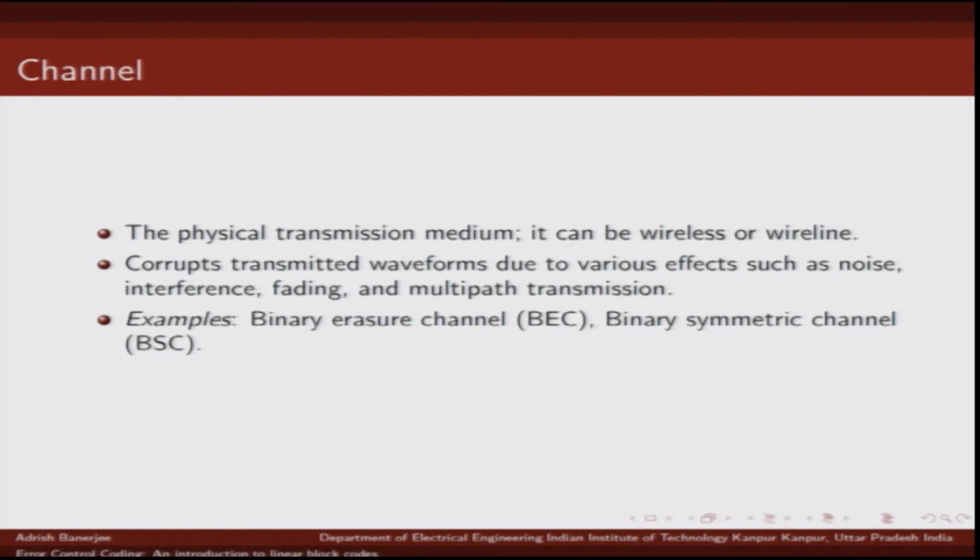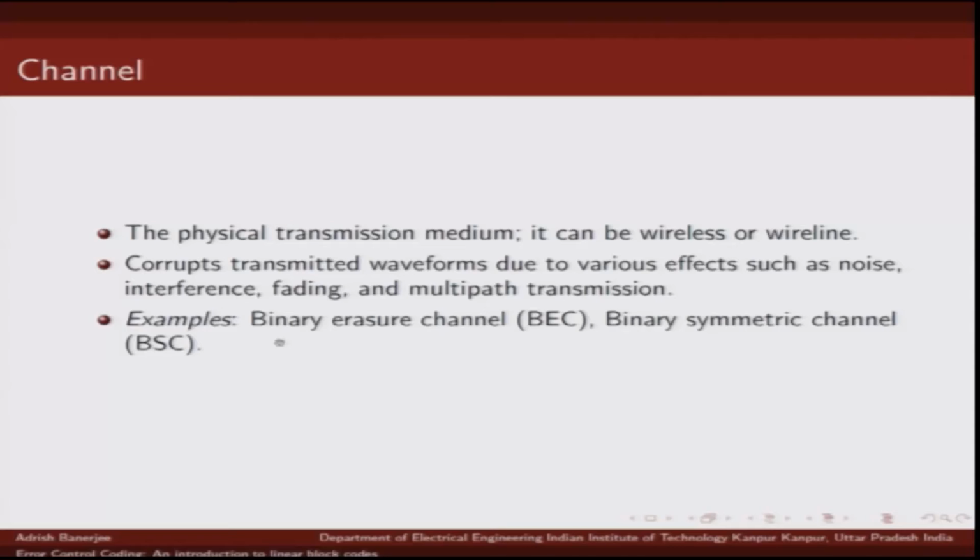That is an example of fading, or shadowing. Multipath transmission: when you have reflections from multiple buildings, if you send just one signal, you get multiple copies with varying attenuation and delay spread. So essentially the channel corrupts the signal we are transmitting, and it results in errors.